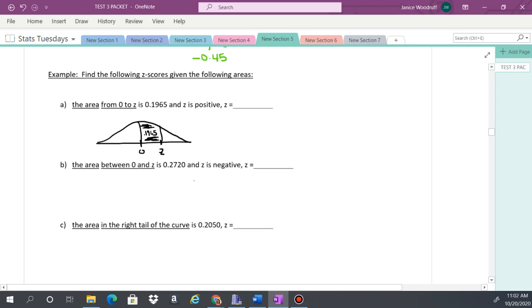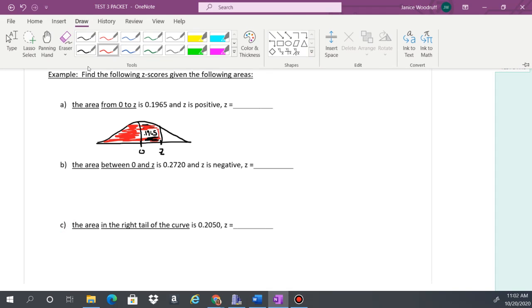Okay, so I want to find the z-score for that. So I want the whole area to the left of this, which means I'm going to want all of this. So I can take this area here and this area here and add it.